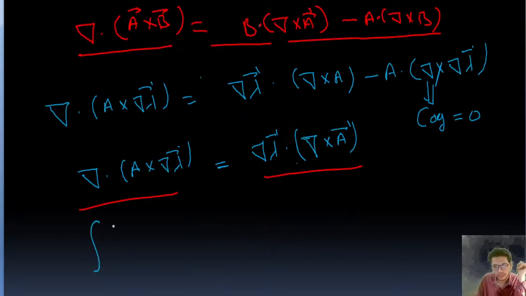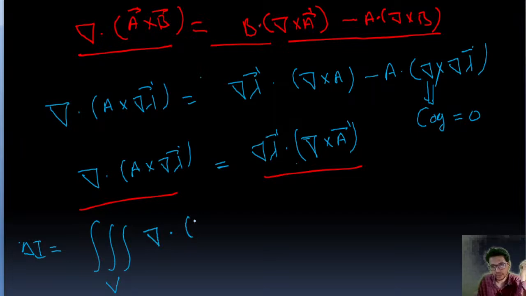So we can write triple integration, delta I, equal to triple integration over volume. In place of gradient of lambda dot del cross A, we can put this value. So this is del dot A cross gradient of lambda d cube x.